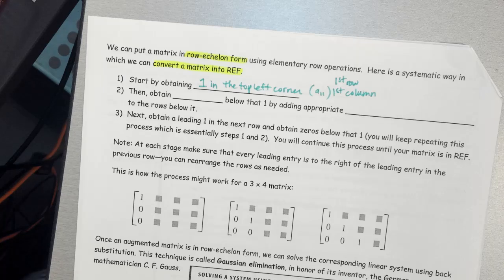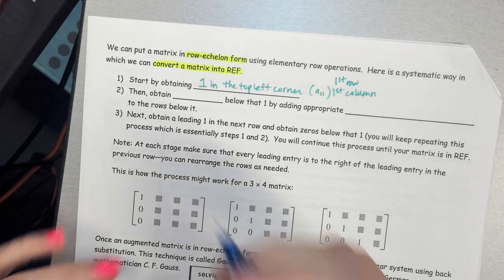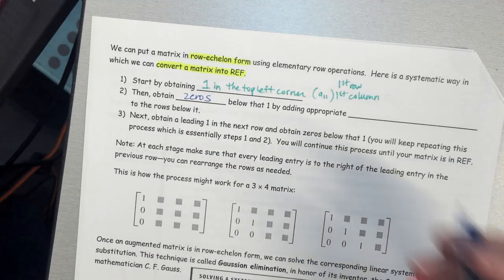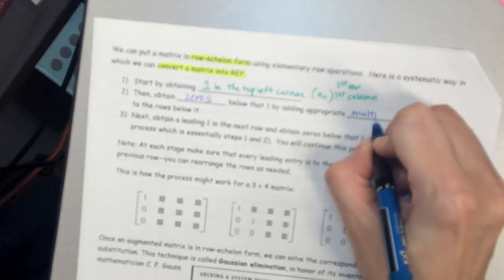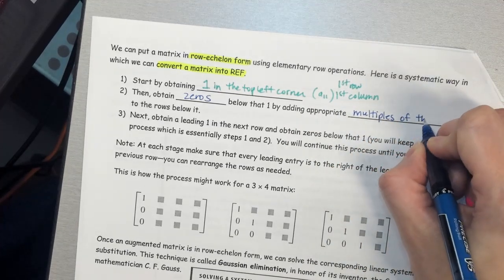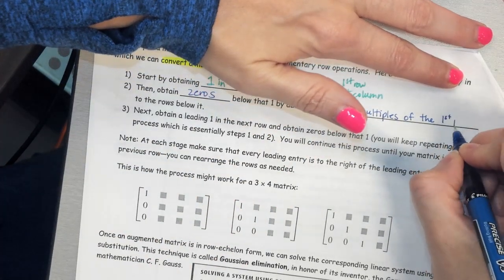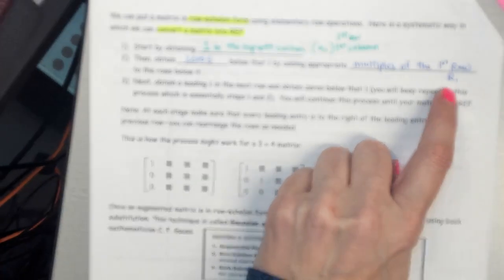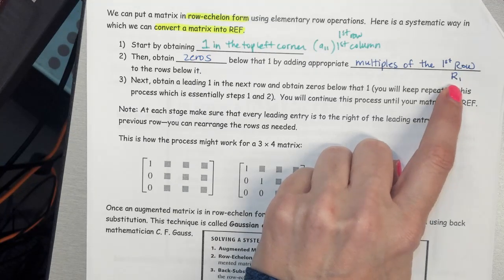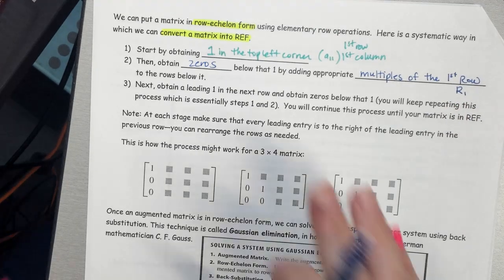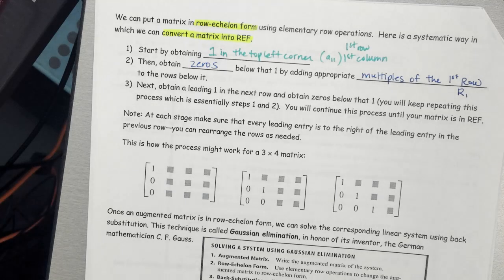Then we're going to obtain zeros below that 1 by adding appropriate multiples of the first row. Okay, so we're going to be multiplying something by R1. Okay, and then we know from yesterday that we can add that to the rows below it.